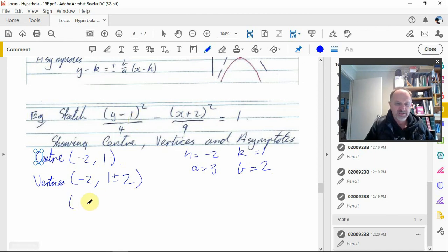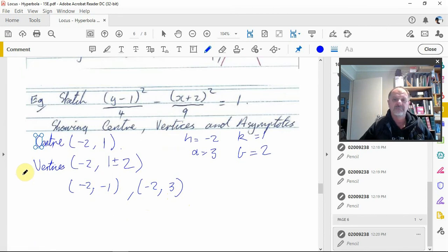So our vertices are -2, -1, so 1 minus 2, and -2, 3, 1 plus 2. All right, our asymptotes, well, it doesn't change. It's only our vertices bits that change.